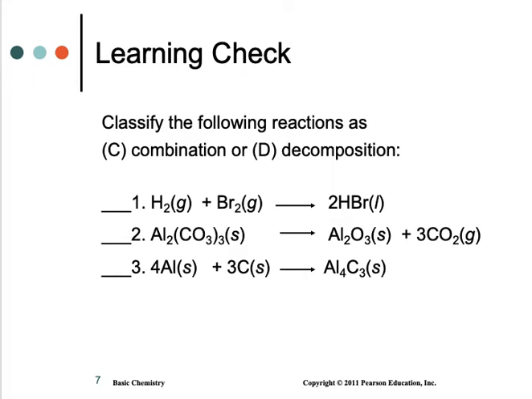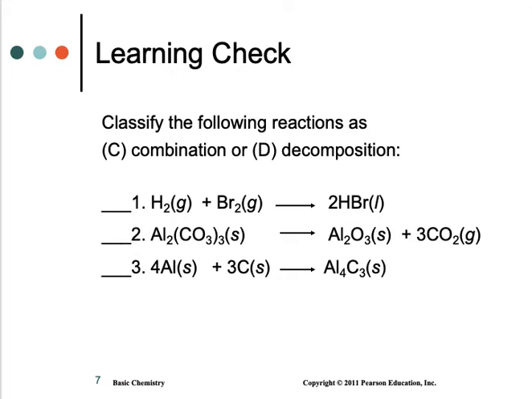Okay, here's an example. Classify the following as combination or decomposition. All right, we have hydrogen gas and bromine gas yields hydrogen bromide. Okay, so 2 going to 1. What do you think? Combining, so it's a combination. Okay, aluminum carbonate breaking apart into aluminum oxide plus carbon dioxide.